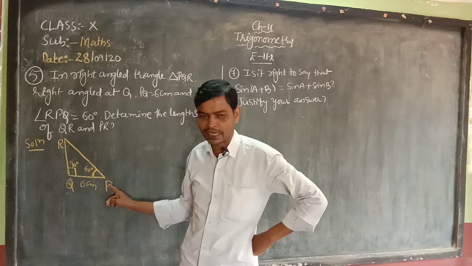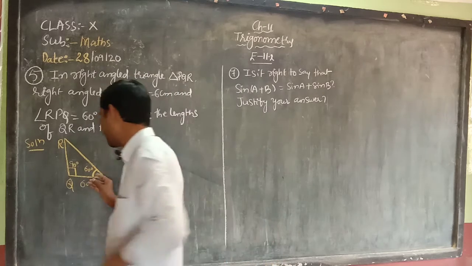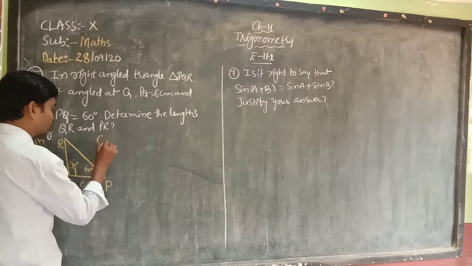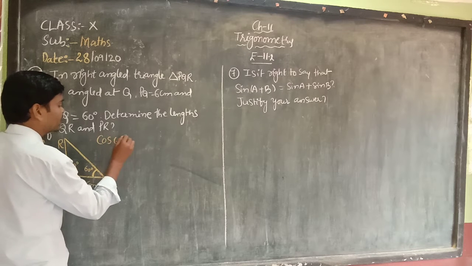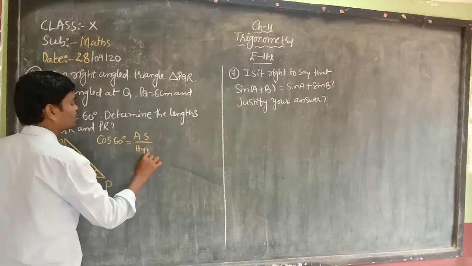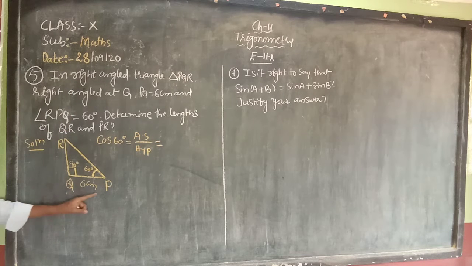So here we are having angle P. That's what we are doing. We are taking two trigonometric functions. One is cos 60 degrees is equals to adjacent side by hypotenuse. What is the adjacent side here? For angle P, what is the adjacent side?